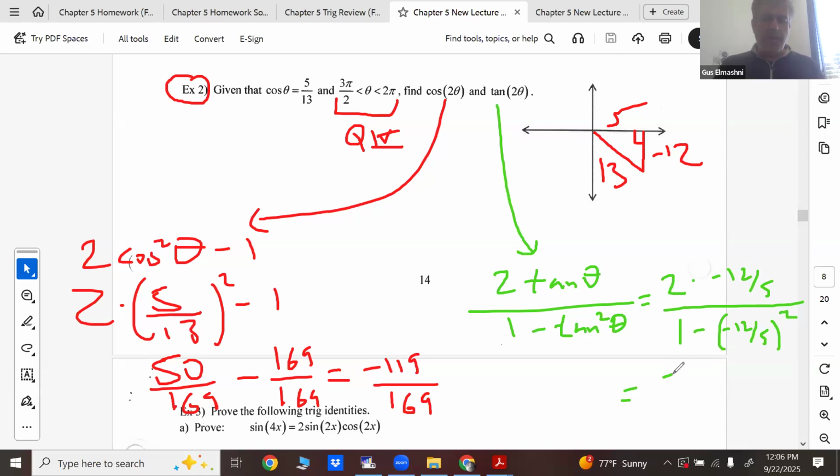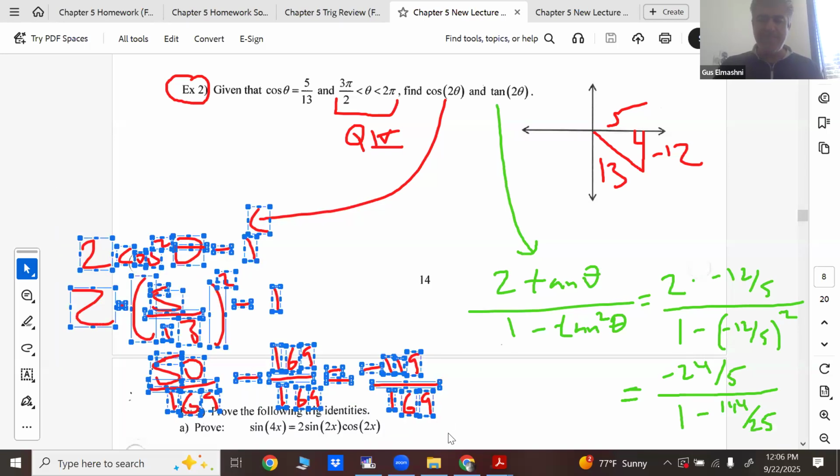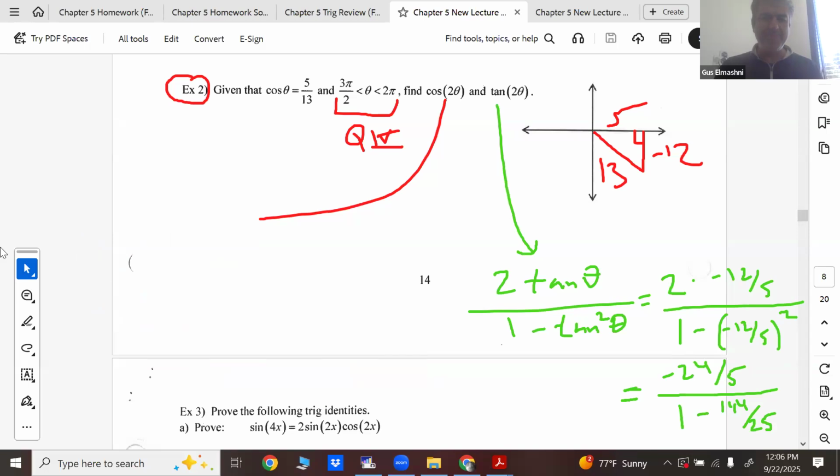Which is negative 24 over 5, all over 1 minus 144 over 25. And I kind of want you simplifying that.